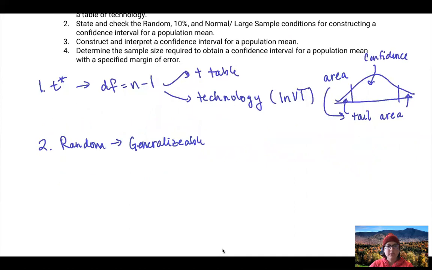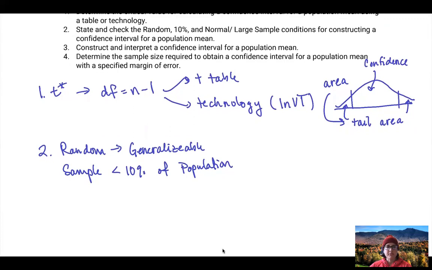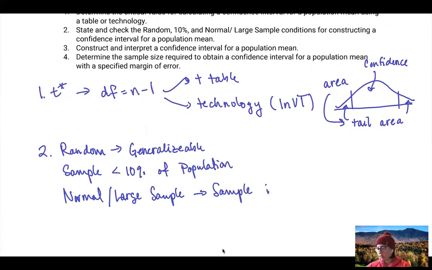You want to make sure that your sample is less than 10% of the population, and you want to check that for making sure your samples are independent. And then the normal/large sample one, this one is the one that is a little bit different. You want to make sure your sample is normally distributed.